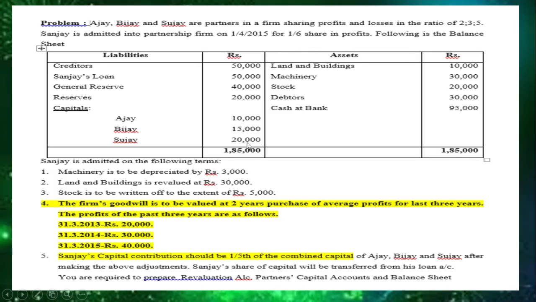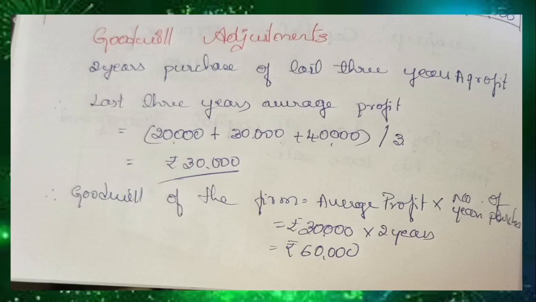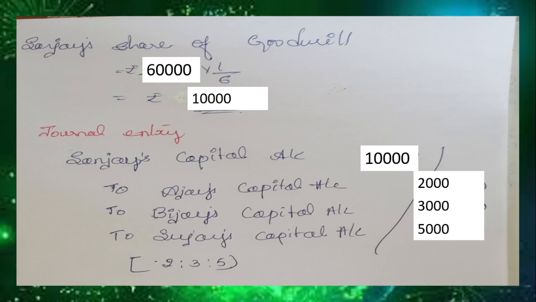If they have given only these two, there is no need to calculate the sacrifice ratio once again, because in this situation their old ratio and sacrifice ratio remain the same. If they have given some additional information, we may need to calculate the sacrifice ratio or new ratio, but for this problem, no need to calculate the sacrifice ratio once again, because they have given only two pieces of information, that is, old ratio and new partner's share.